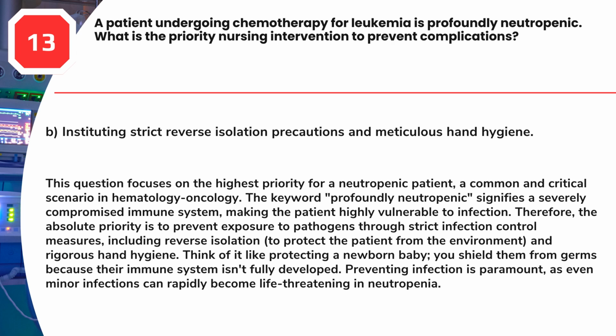Therefore, the absolute priority is to prevent exposure to pathogens through strict infection control measures, including reverse isolation, to protect the patient from the environment, and rigorous hand hygiene. Think of it like protecting a newborn baby. You shield them from germs because their immune system isn't fully developed. Preventing infection is paramount, as even minor infections can rapidly become life-threatening in neutropenia.